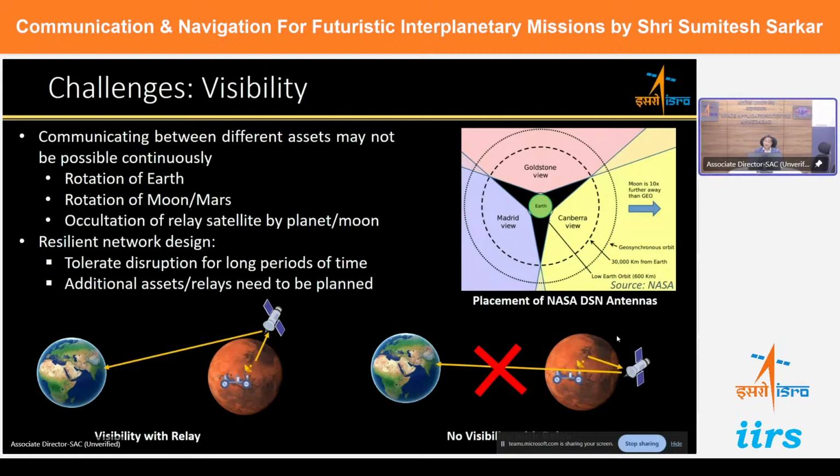So there may be frequent non-availability of the satellite to the user probe. That's why, if you see Goldstone, the 3 stations of DSN have wide coverage, almost covering the entire 360 degrees from the surface of the Earth.